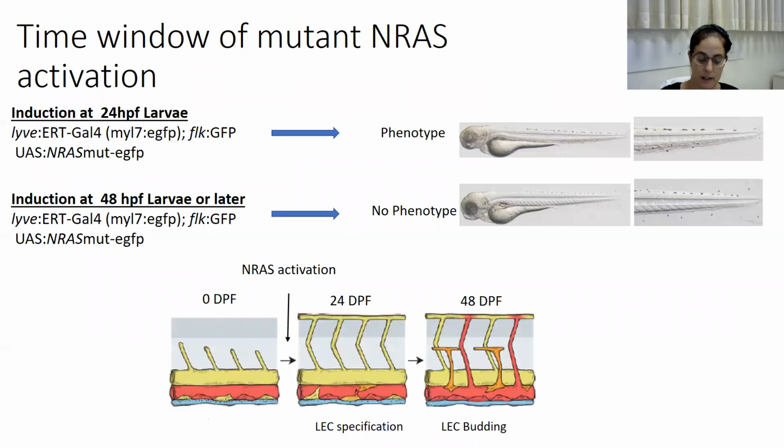This might suggest that activating mutation in the RAS pathway disturbs the earliest stage of lymphatic system development, the specification of lymphatic endothelial cells from angioblast, and affects only a specific pool of progenitor cells residing in the posterior cardinal vein.